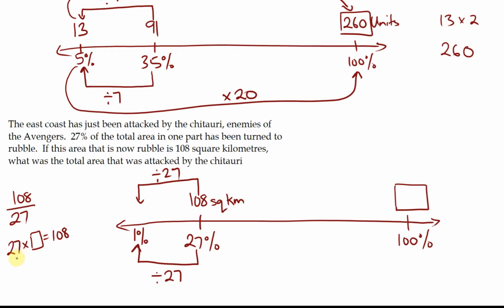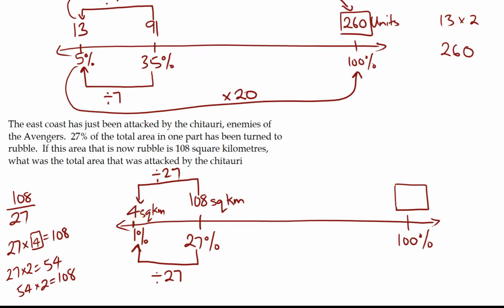If I double 27, 27 times 2 is equal to 54, and then 54 times 2 gives me 108. So 27 times 4 will give me 108. So 108 divided by 27 will give me 4. So 1% is actually 4 square kilometres.